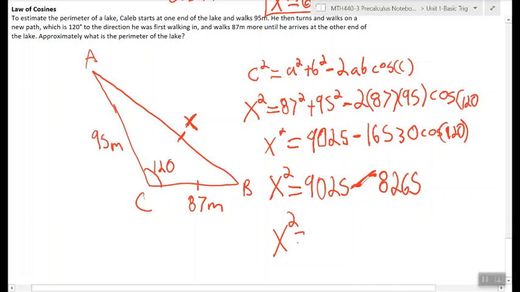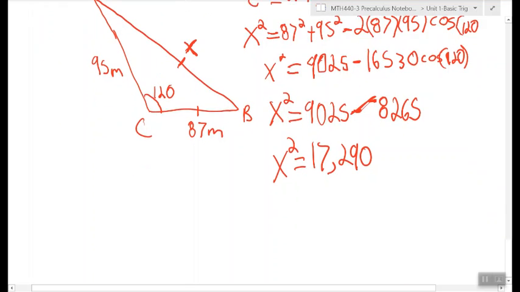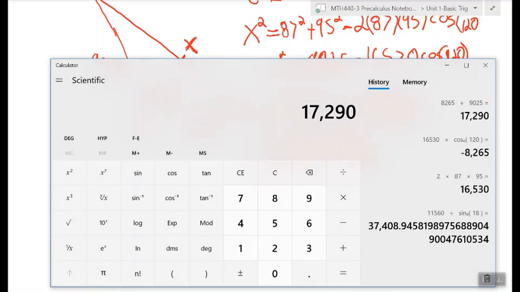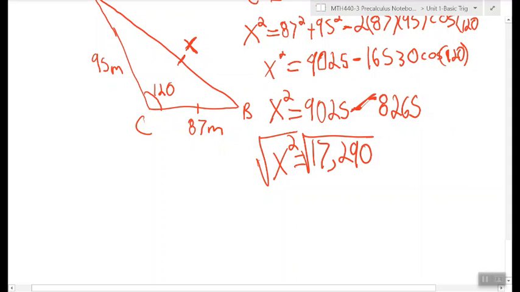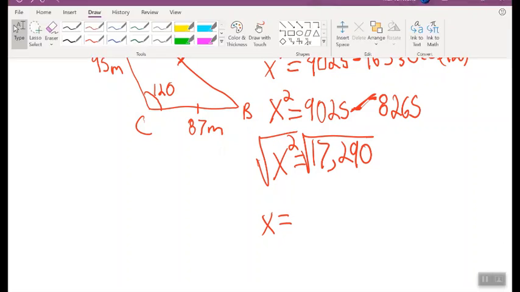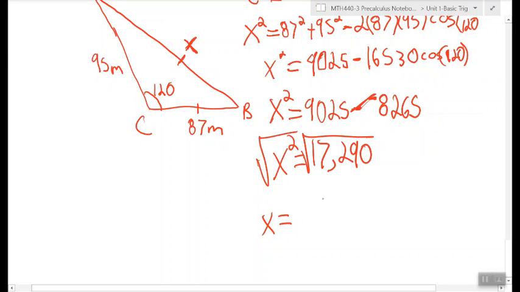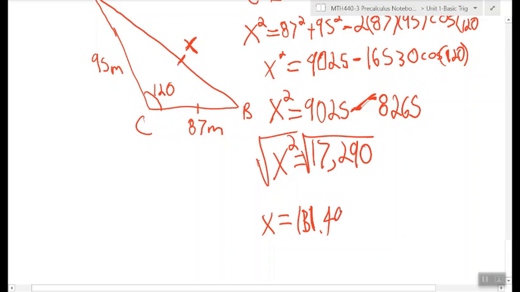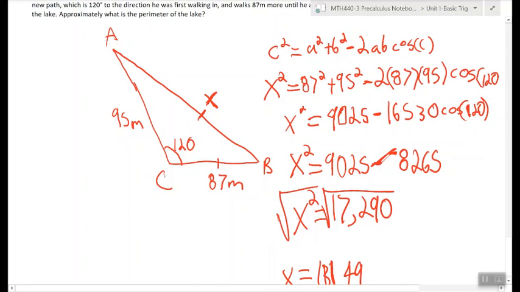So x squared equals 17,290. And then we just find the square root of that, which is x equals, we can round here to the nearest hundredth, so 131.49. Alright, so that's our final side.